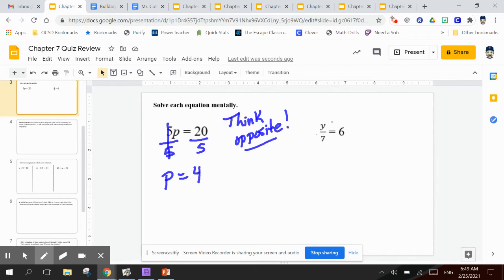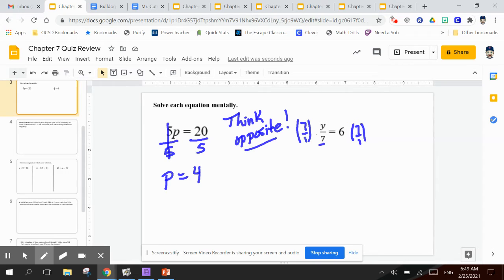Here on the other side, I have Y divided by 7 equals 6. So some big number divided by 7 equals 6. So to do this one, I do the opposite of divide, which is to multiply. And I multiply by the denominator, which is 7. So I have 7 over 1 times Y over 7, and 6 times 7 over 1.